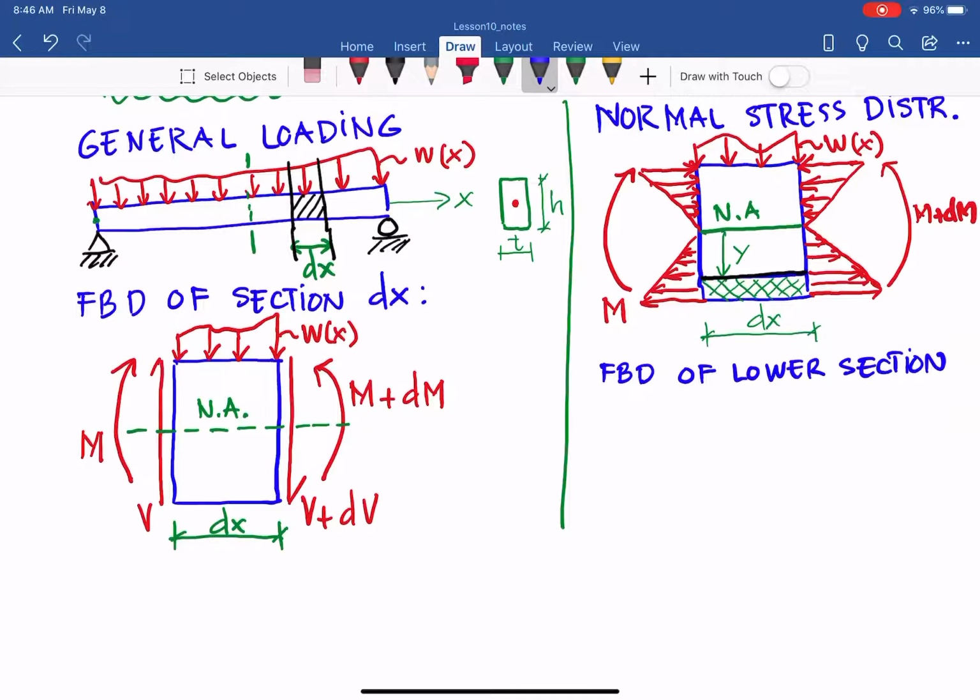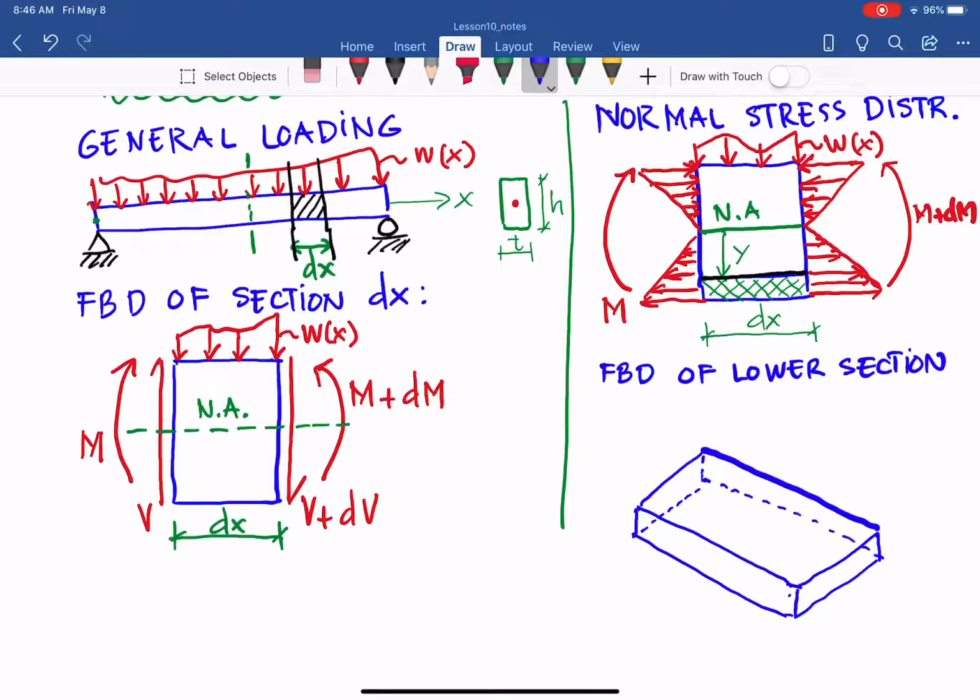This is a little bit abstract, so look at it carefully here. So I have that portion and put it in 3D. So we can have the hidden line for that portion. So only that green portion that I wrote down, and as you can see with that 3D, I have the dx up there.